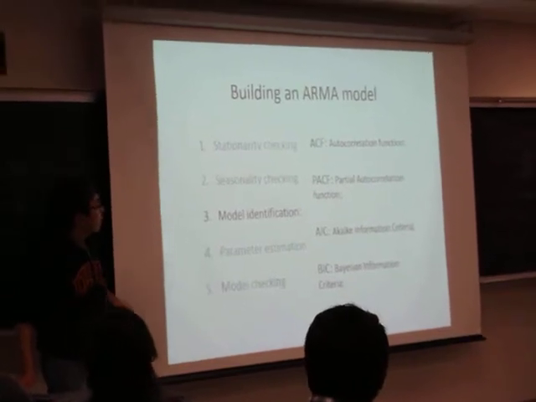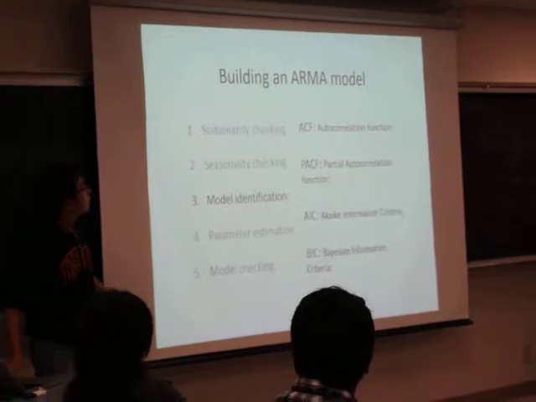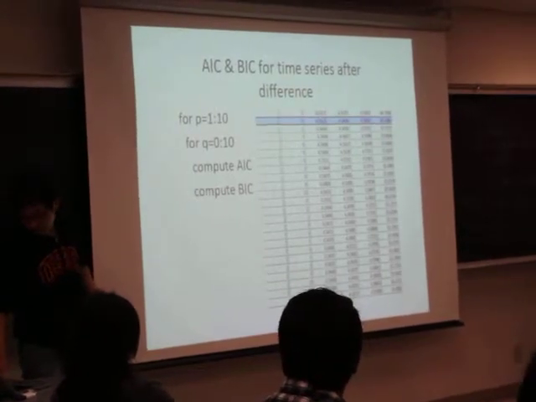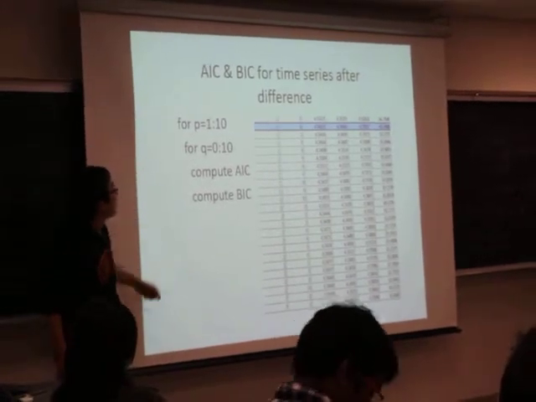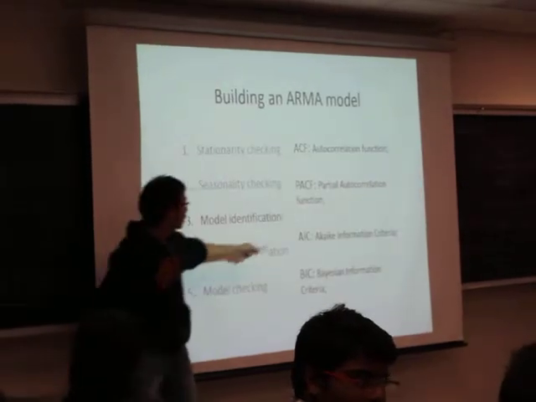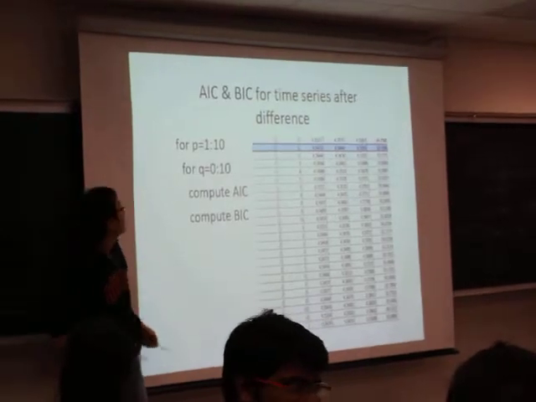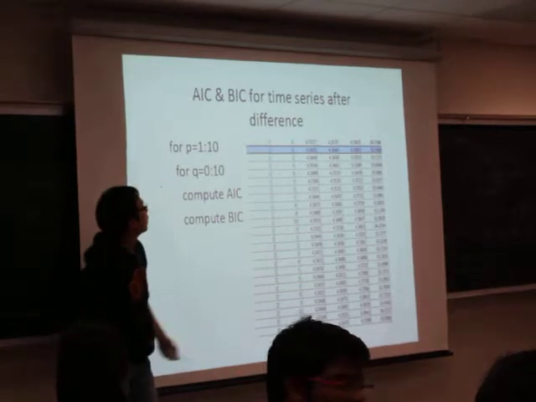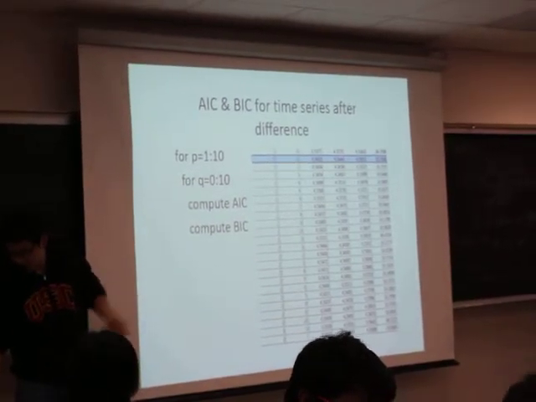The third step is to identify the model, which is to choose the order for the ARMA model. There are these four factors to help us do the identification. I computed all the AIC and BIC values, and we found that the ARMA(1,1) model is the best one.